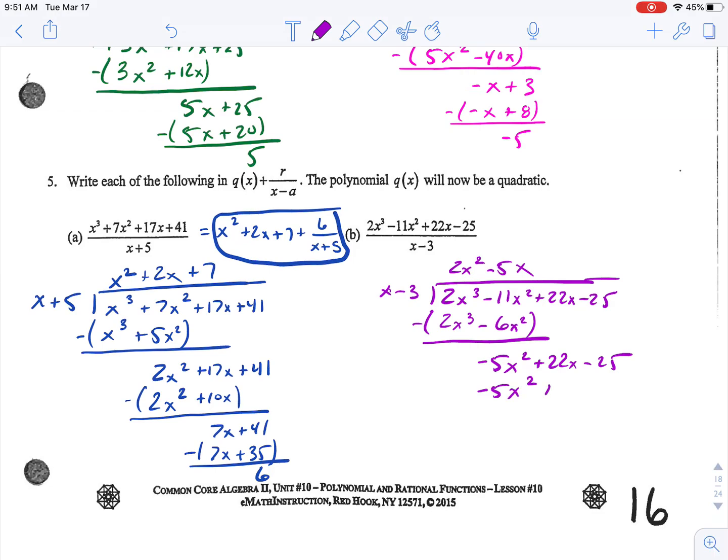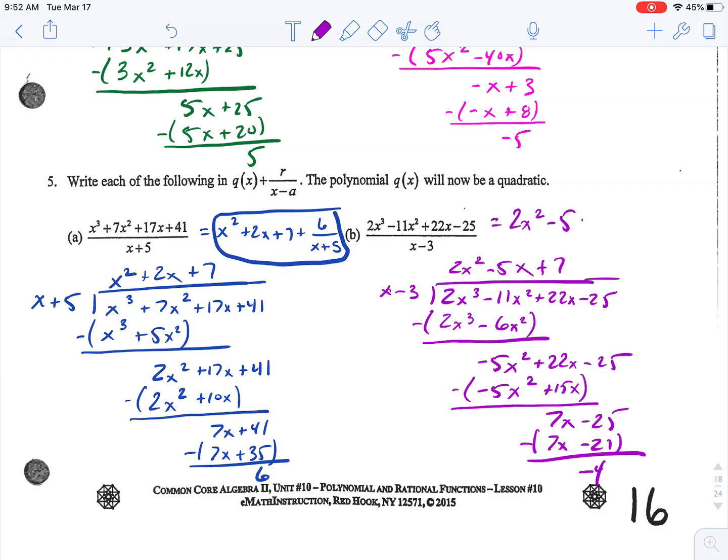Negative 5x times negative 3, positive 15x. 22 minus 15, 7x. Bring down the minus 25. X times 7 is 7x. Negative 25 plus 21, remainder of negative 4. So here we get 2x squared minus 5x plus 7 minus 4 over the x minus 3.